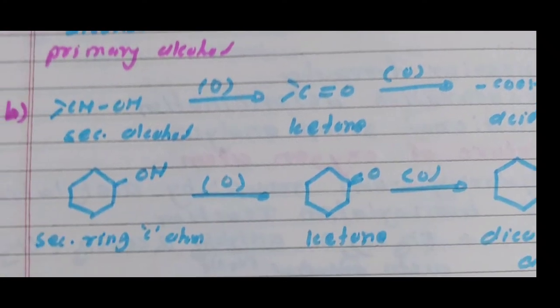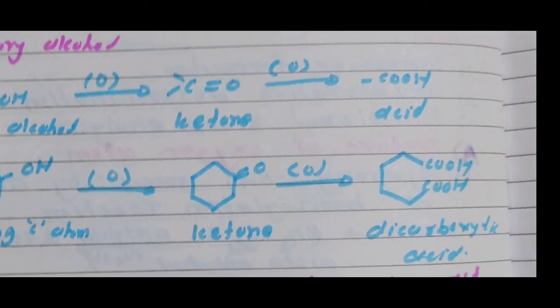Then suppose secondary alcoholic group is in an aromatic ring, or the hydroxy group is attached to the aromatic carbon atom, then on oxidation it forms ketone, and ketone on further oxidation gives the acid. If the secondary alcoholic group is attached to the ring carbon atom, then oxidation produces open chain dicarboxylic acid containing same number of carbon atoms.